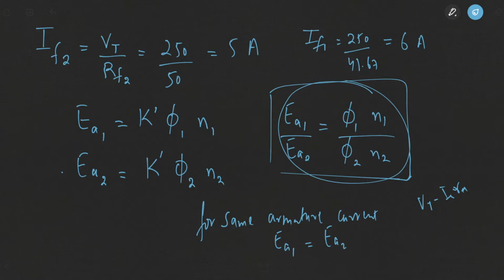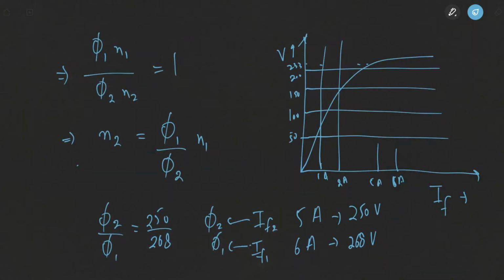So EA1 is equal to phi 1 N1, and EA2 is equal to phi 2 N2. Dividing the two equations, we arrive at this equation. The main thing to note is that since the armature current was constant, EA, which is equal to VT minus IARA, is the same for EA1 and EA2. So phi 1 N1 divided by phi 2 N2 is equal to 1. Therefore N2 is equal to phi 1 divided by phi 2 into N1.